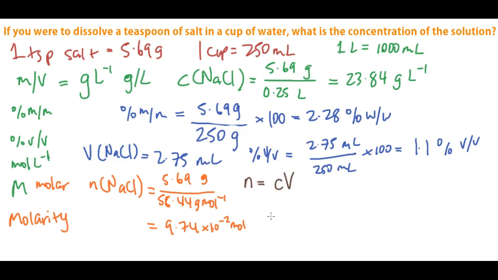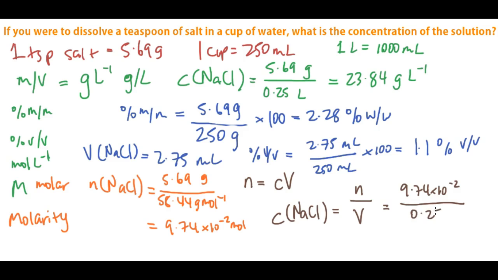Or simply, if we rearrange that, the concentration of our sodium chloride solution is going to be its number of moles divided by its volume. Now remember, we need to make sure that this volume is consistent. It has to be liters, so you need to convert. So that's going to be 9.74 by 10 to the negative 2 over 0.25 liters.